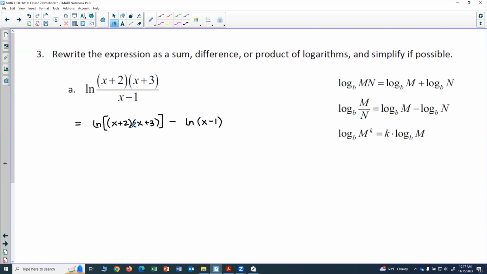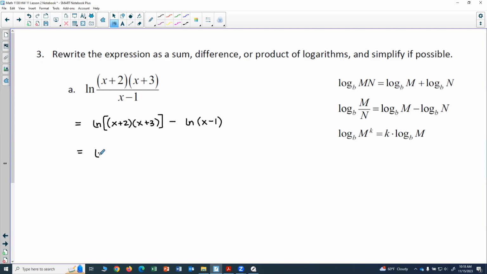All right, now I need to use the property that if I have two things multiplied in the argument, I can split them into two logs using a plus. So I'm going to use log base b of m times n equals log base b of m plus log base b of n.